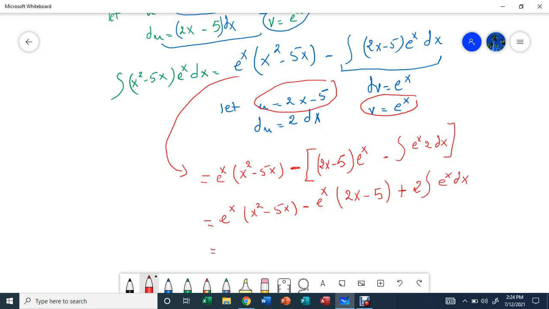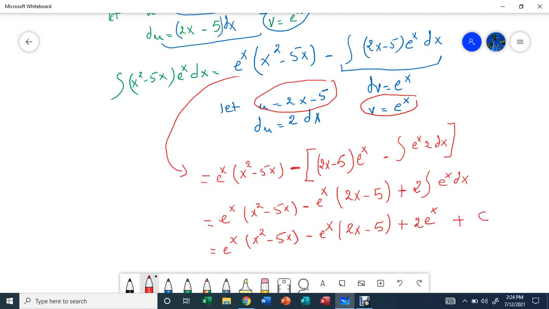Same thing here, e to the x times x squared minus 5x minus e to the x times 2x minus 5, and the antiderivative of e to the x is just e to the x, so plus 2e to the x, and of course plus a constant c.